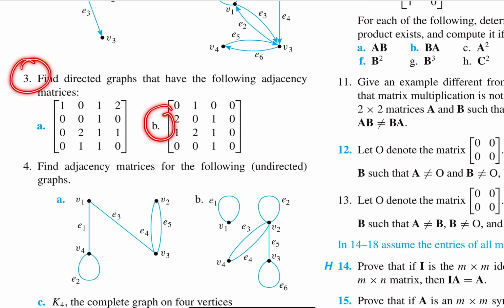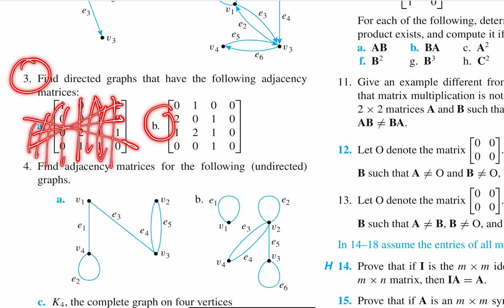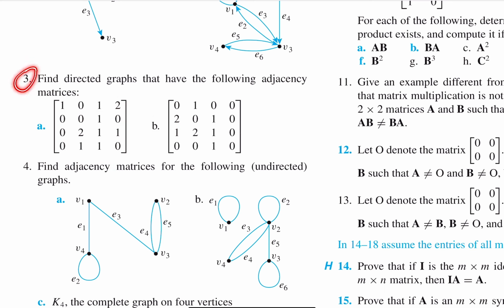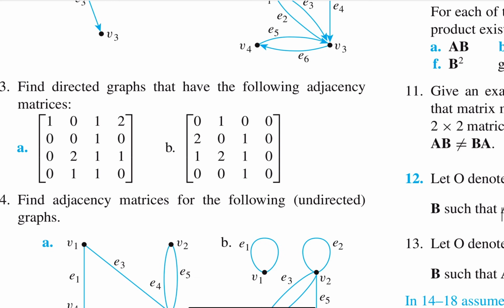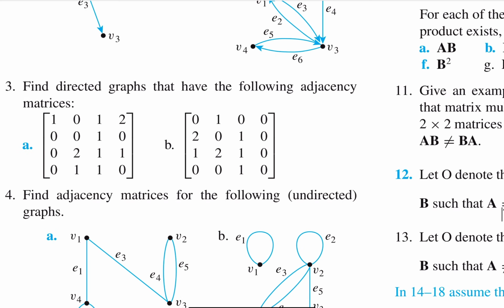We cannot do 2.8 because we have a solution in the back of the book. I don't want to do something you've got a solution for. Now 2B is to find a directed graph. Remember, a directed graph is when you have the arrow.